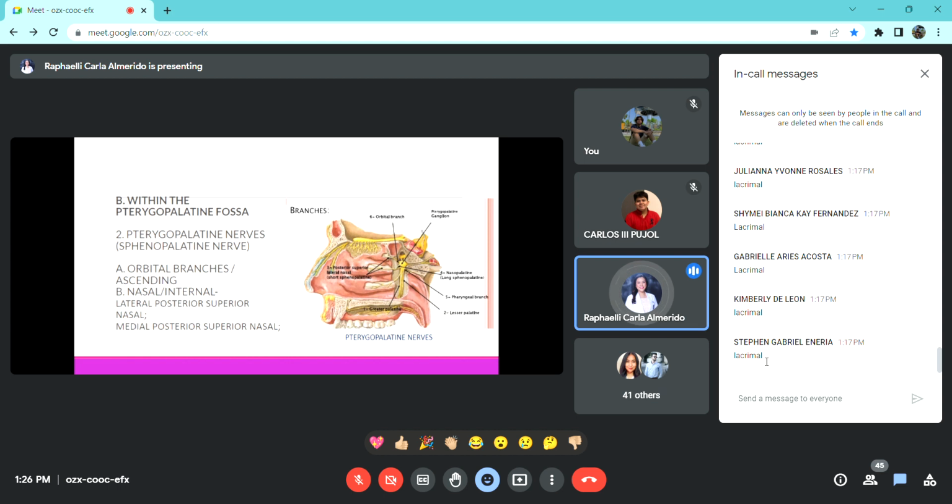And then we also have your palatine and pharyngeal branches. Later, we will look at the others. Your orbital or ascending branch supplies the periosteum of the orbit, the sphenoidal sinus, the ethmoidal sinus, and the lacrimal gland.